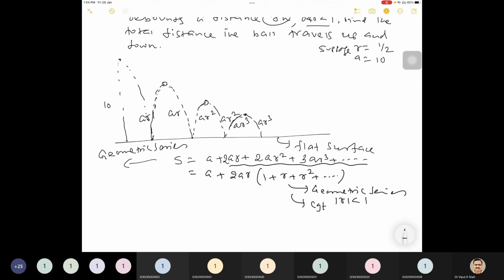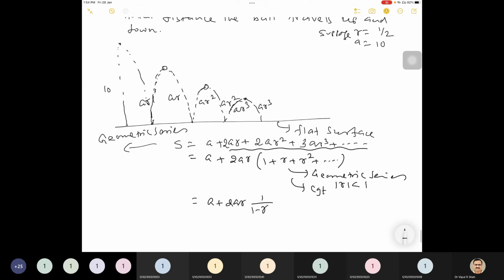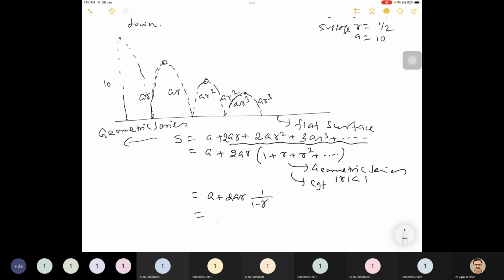And if r is greater than 1, the rebound would increase beyond 10, it would not decrease but grow. And so now here you are having a plus 2ar, a upon 1 minus r. So 1 upon 1 minus r, a is 1 and r is r. So you are having like this.